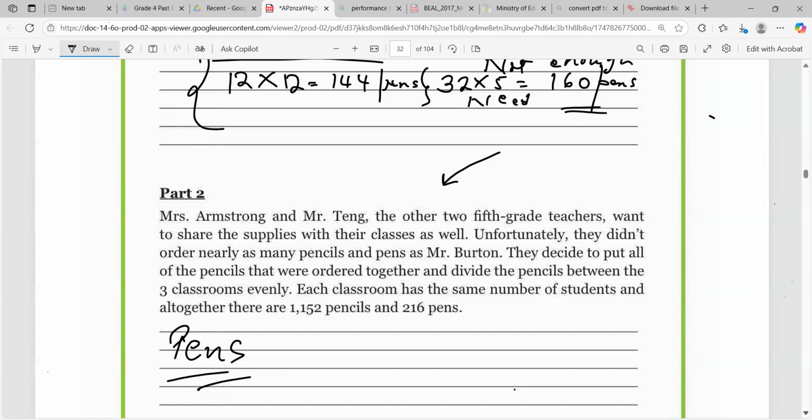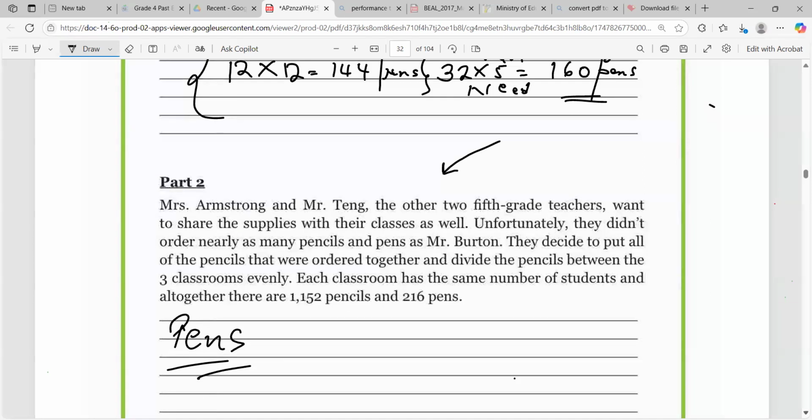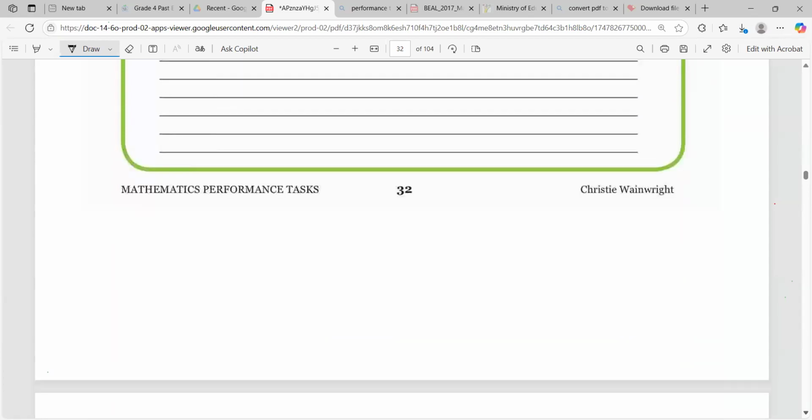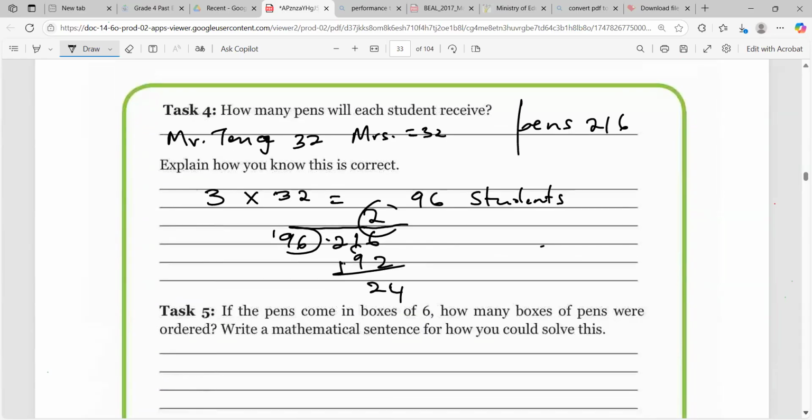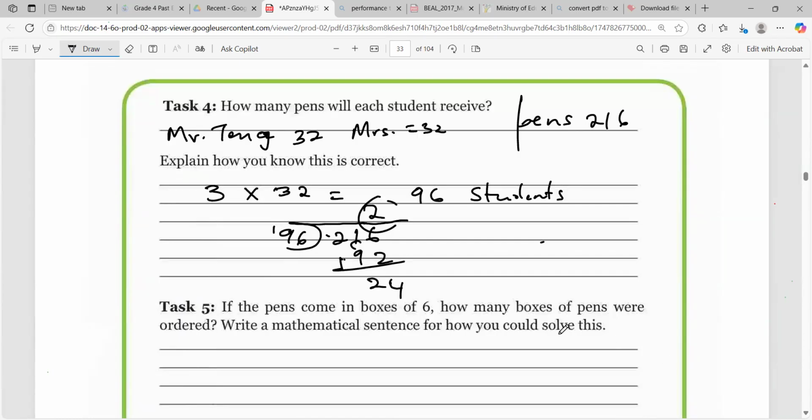But you have to look for the specific one that they are referring to. All right, in this one, they say if the pens come in boxes of 6, how many boxes of pens were ordered? Write a mathematical sentence for how you could solve this. Good luck, everyone. All right, go ahead now.